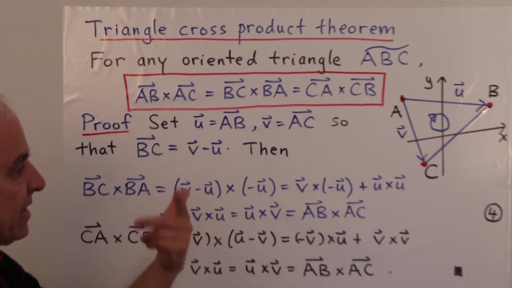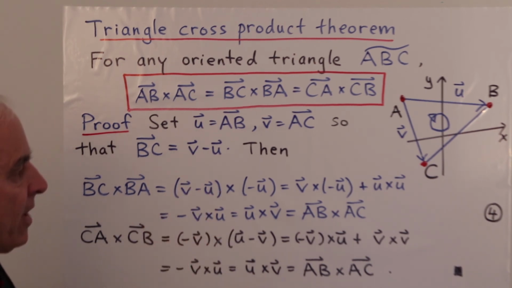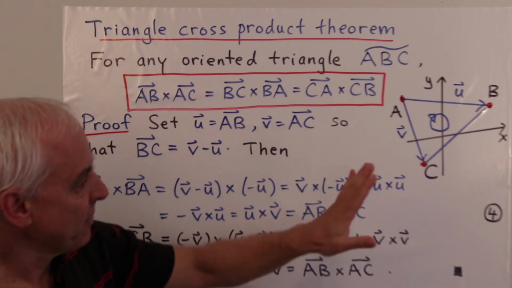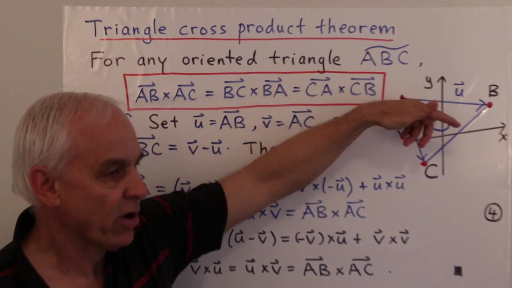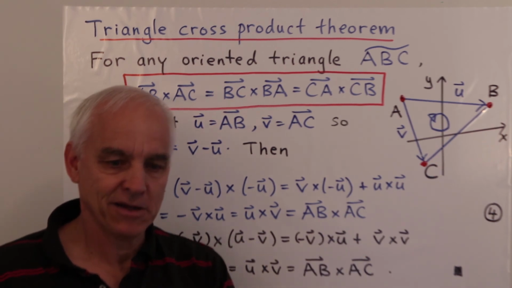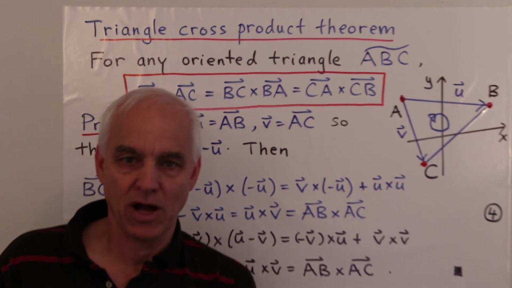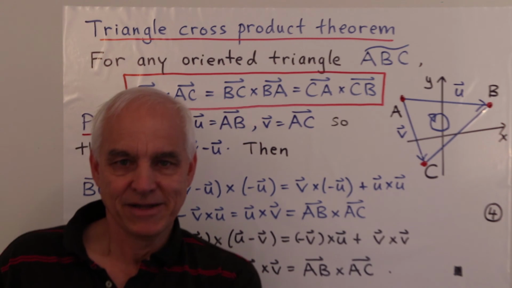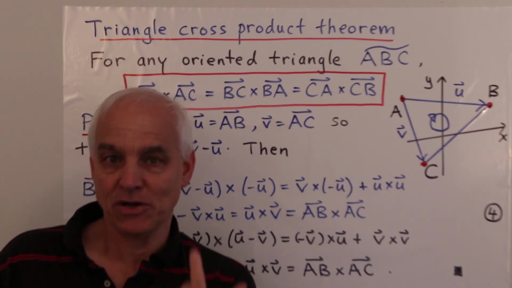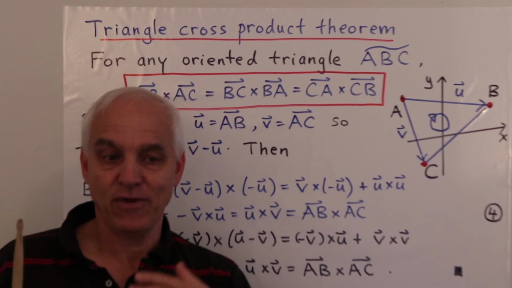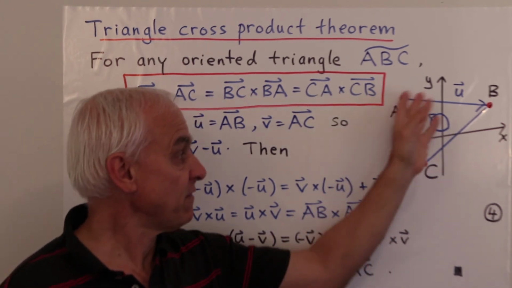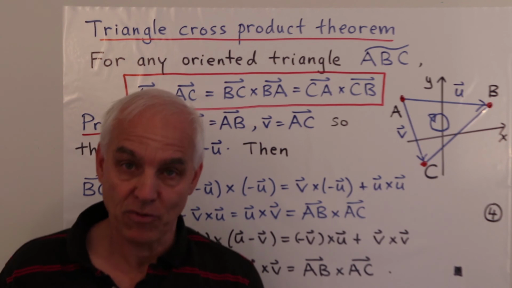So it's nicely cyclically symmetric. And that's really great. That means that when we have a triangle like this, if we want to compute one of the cross products, we can replace it with either of the other two as long as we go in the cyclical orientation that the orientation dictates. So it gives us flexibility in terms of defining and calculating cross products.